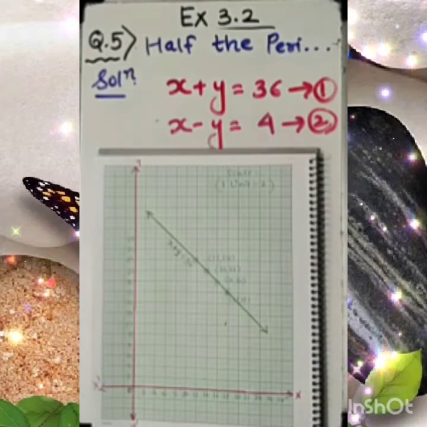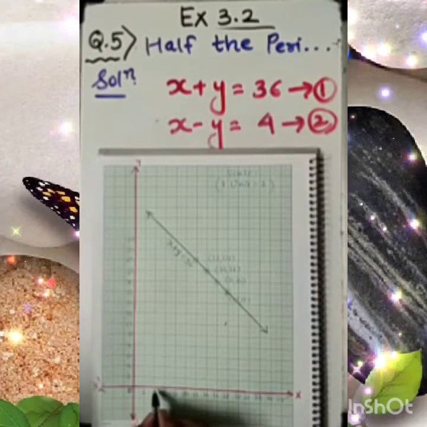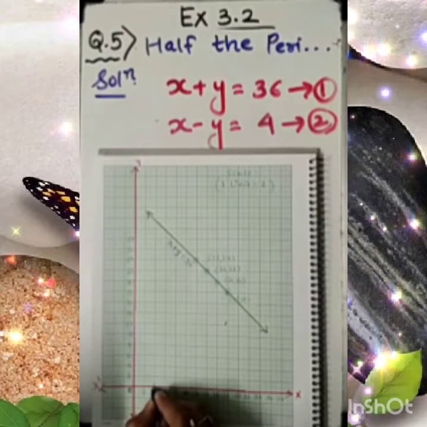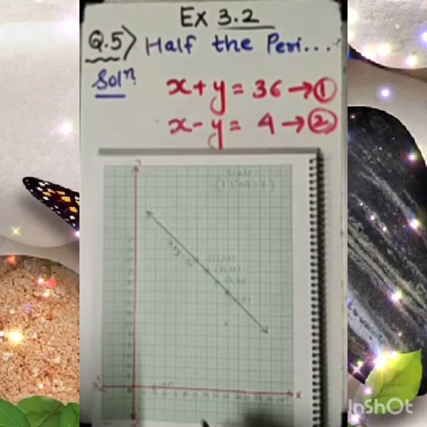Now, let's start locating the points for the second linear equation. The first point is 4 comma 0. Is it so? 4 comma 0 is there for that. So I need to locate here 4 comma 0. It will lie on the x-axis itself. Second point 5 comma 1.